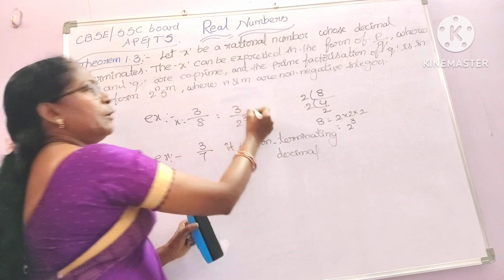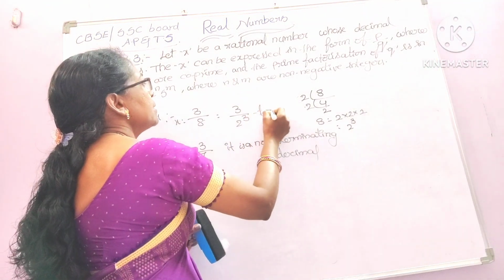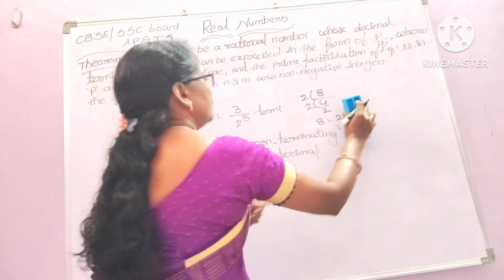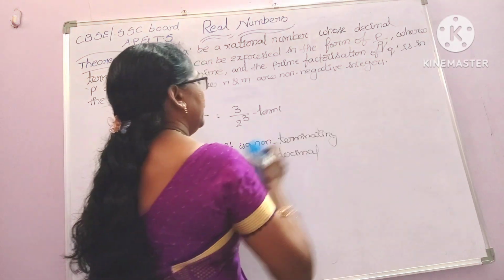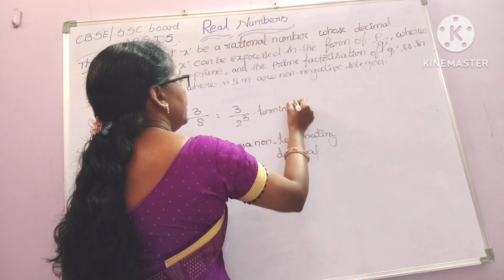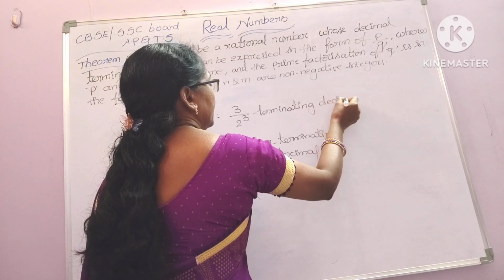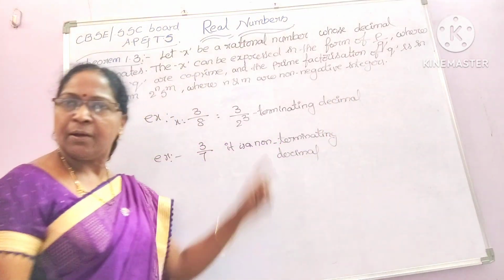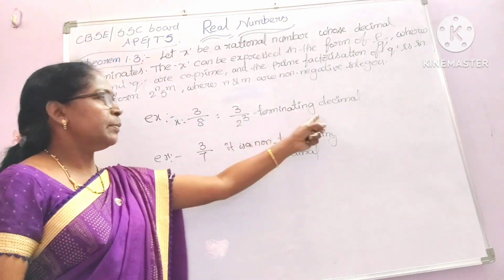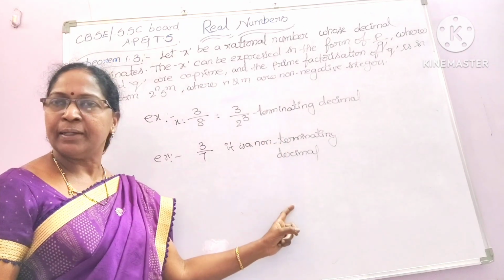But 3 by 2 cube is a terminating decimal. Just observe like this: one is a terminating decimal and the other is a non-terminating decimal.